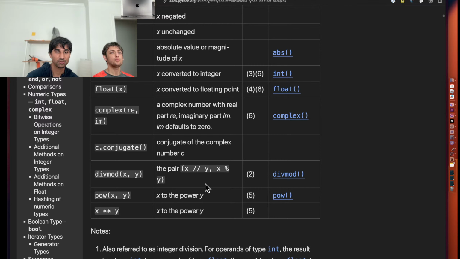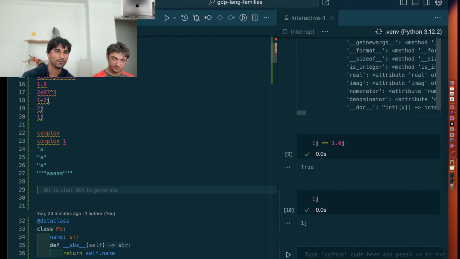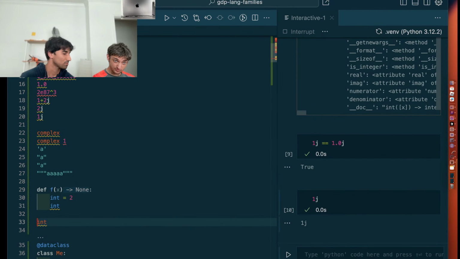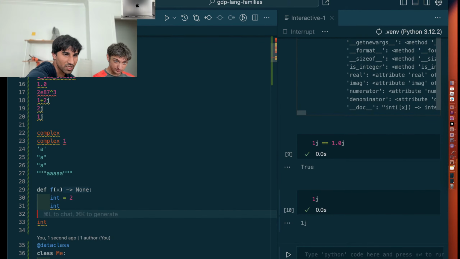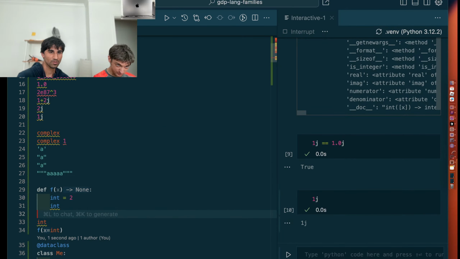Like if I do this, int here is just the number 2. So these two ints, despite having the same name, mean totally different things, because you can just rebind names.